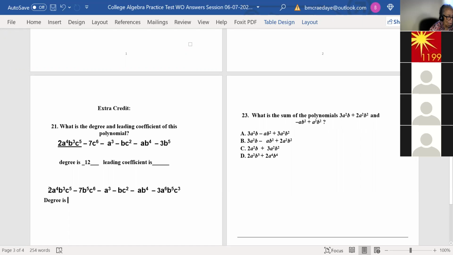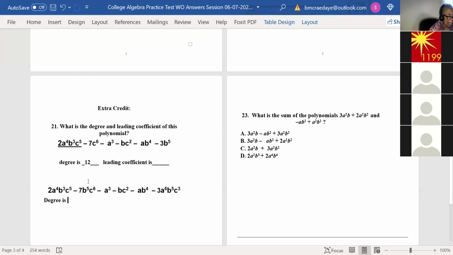No. To get the degree, you add up the powers on the variables. And the expression that has the highest, that's the degree. So this one has 4, 3, 5. How much is that, Audrey? 12.